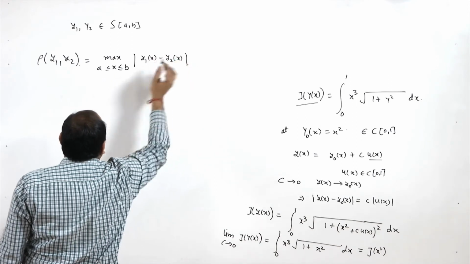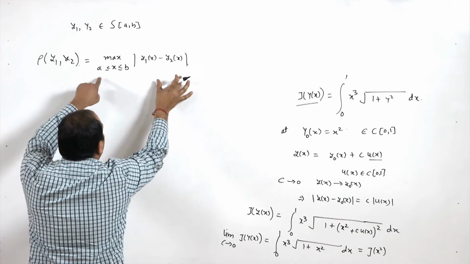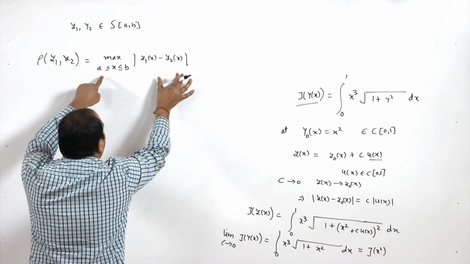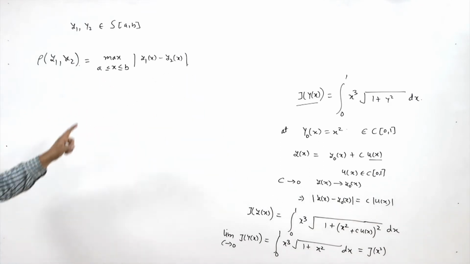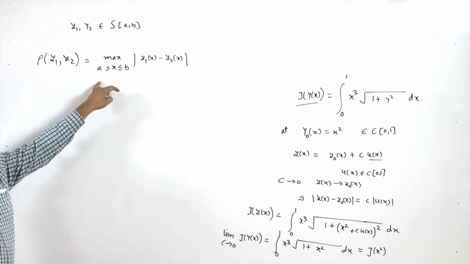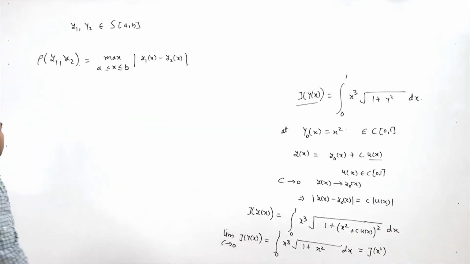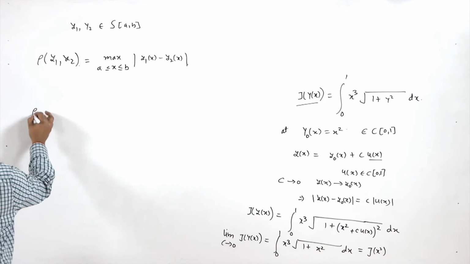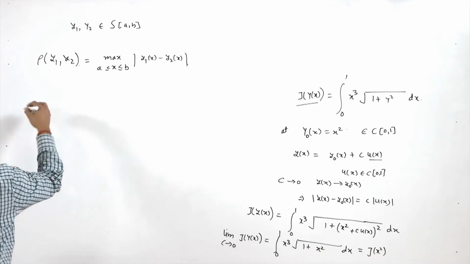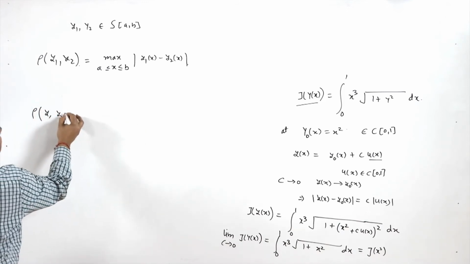If we calculate this quantity, we can say that this is the distance between y1 and y2 in the sense of zero order proximity.